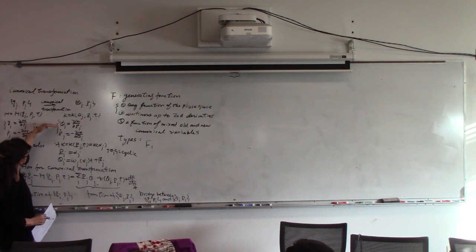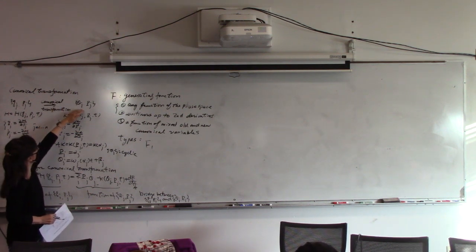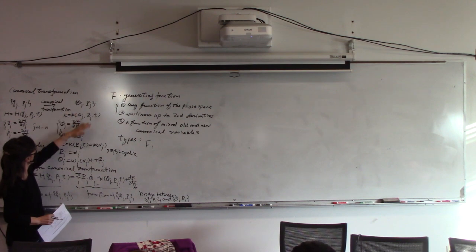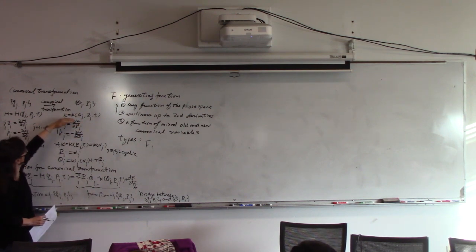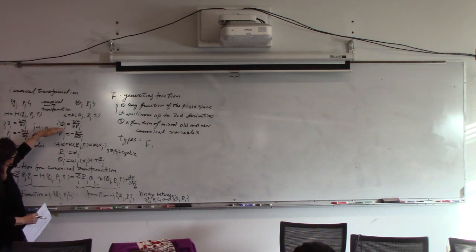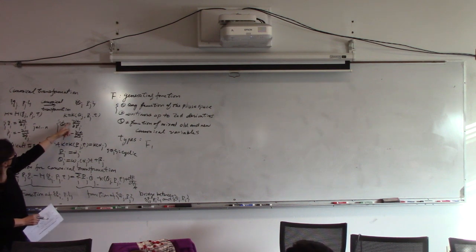So suppose we can transform to a new set. Then the new Hamiltonian, expressed in terms of the new generalized coordinates, corresponds to Hamiltonian equations of motion, similar, but with partial derivatives with respect to this new Hamiltonian.